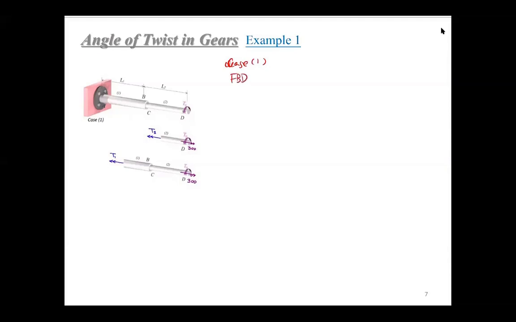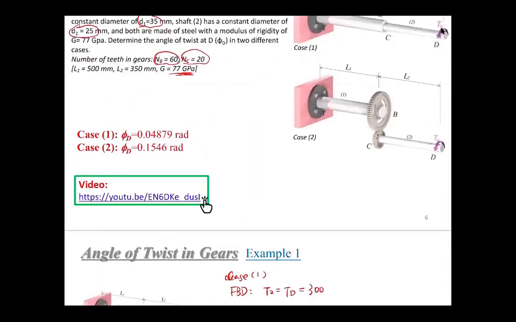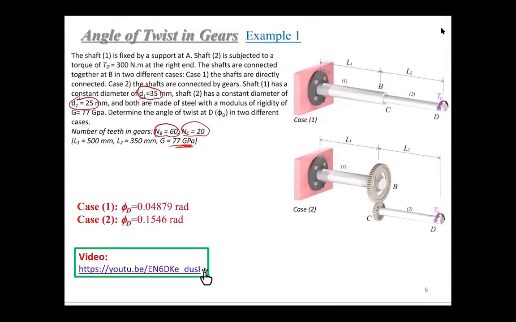From this first free body diagram, you just cut it here and make it free. Then you will get that T2 equals TD, equals 300 Newton meter, right? It is 300 Newton meter.